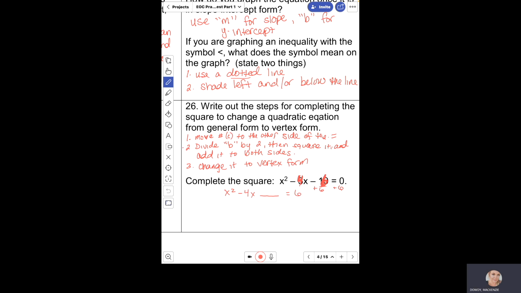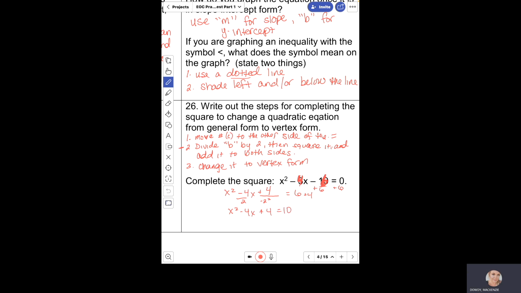Now we're going to divide b by 2 and then square it. So -4 divided by 2 is -2. -2 squared is 4. So we're going to put that 4 here. It's a +4. And because we're adding 4 on this side, we need to add 4 over here on this side. Okay, so now we're going to have x squared minus 4x plus 4 equals 10.